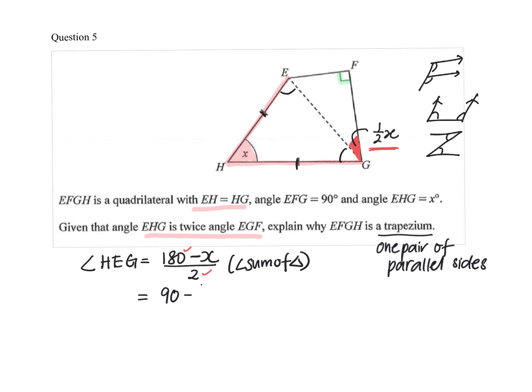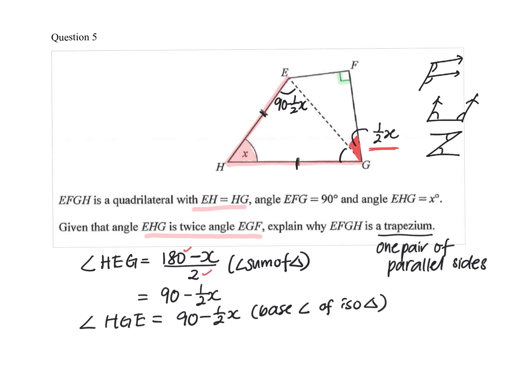X divided by 2 gives me half X. So I'll write this down: this is 90 degrees minus half X. It's an isosceles triangle, so angle HGE is also 90 degrees minus half X, base angles of isosceles triangle.